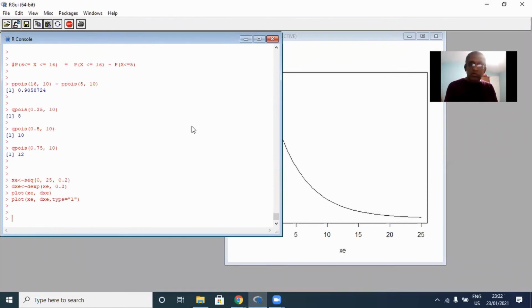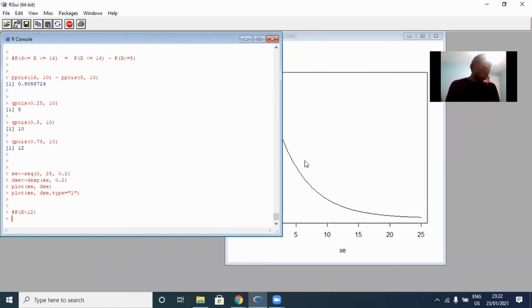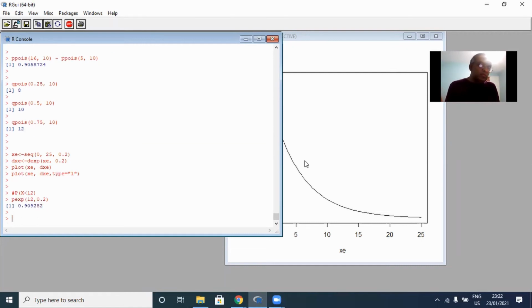The next thing is we want to compute the probability that x is less than 12. This is the CDF of the exponential at 12. Because the exponential is a continuous distribution, it doesn't matter whether x is less than or less than or equal to, for a continuous random variable. So this will be p exp at 12, with the rate parameter equal to 0.2. So that's the answer.